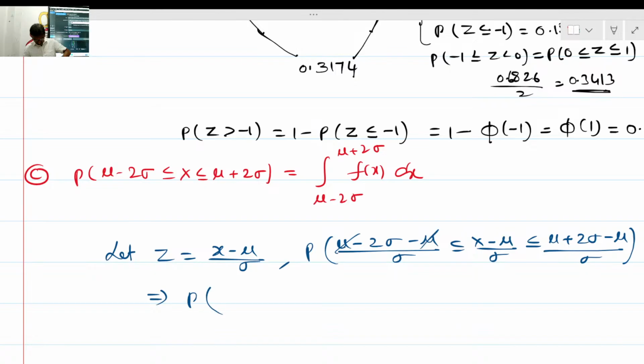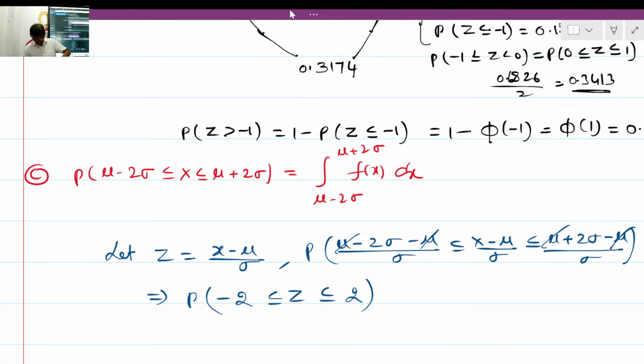These two cancel. Minus 2 less than or equal to z less than or equal to plus 2, by dividing by sigma, sigma cancels. This is the 2 sigma limits.